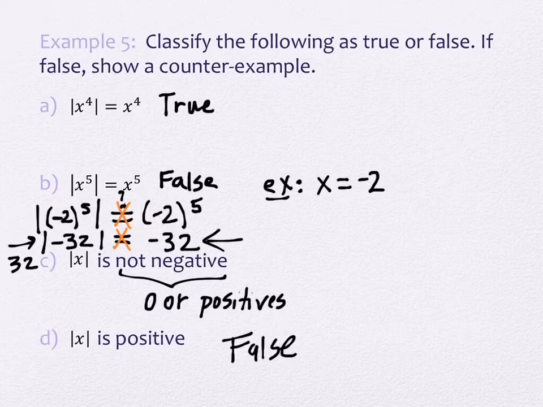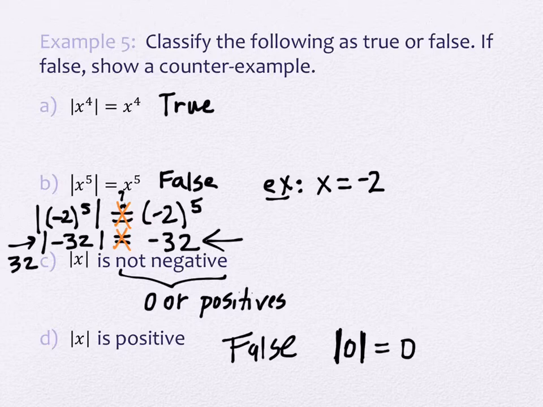Because it could be 0. I know that looks like 101. It's not. It's the absolute value of 0. The absolute value of 0 is not positive, is it? It's 0. Right? The distance that the starting point is away from the starting point is 0.